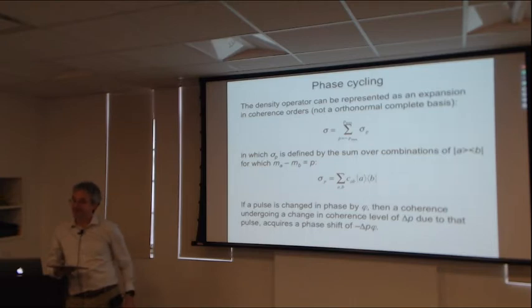I started with the same operator Z, which is 0 coherence, and my transverse operators are a sum of plus and minus, I could resolve them into their plus and minuses. When I shifted the phase of the pulse, I shifted the phase of the transverse magnetization. This is just the mathematical statement of that.